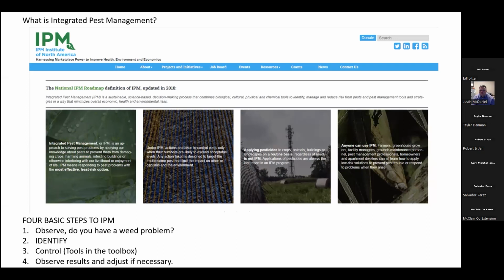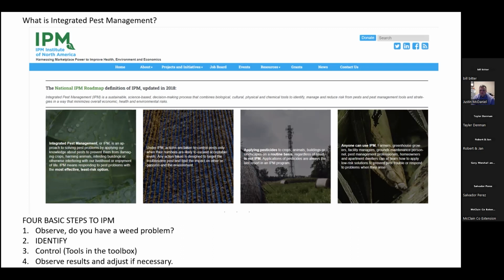So under integrated pest management, actions are taken to control pests only when their numbers are likely to exceed acceptable levels, which we'll talk about in a little bit. And then any action taken is designed to target the troublesome pest and limit the impact on other organisms in the environment.